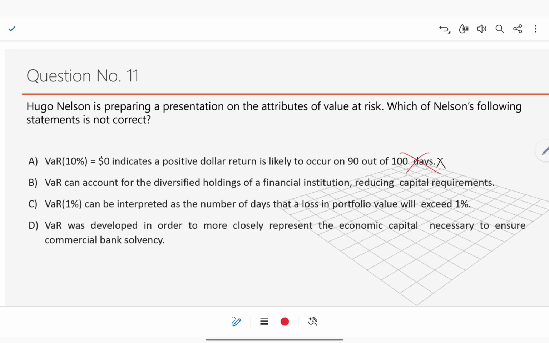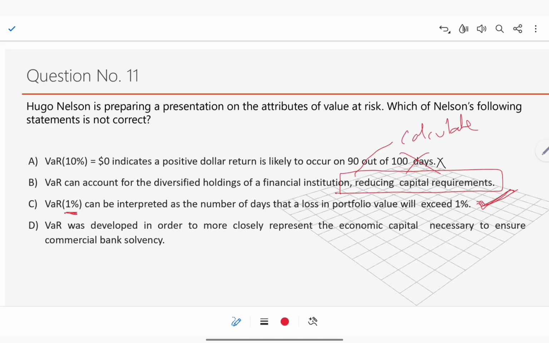Second, VAR can account for diversified holdings of financial institutions, reducing the capital. VAR was designed not to reduce the capital but to calculate what capital is required. Third, VAR at 1% can be interpreted as the number of days that a loss in portfolio value will exceed 1%. Yes, this is exactly what it means.